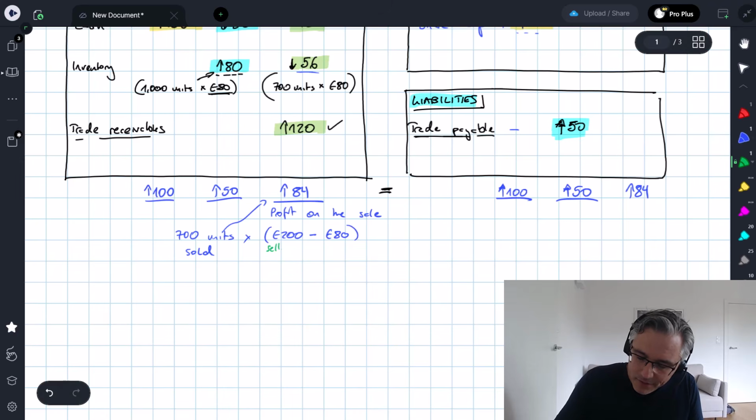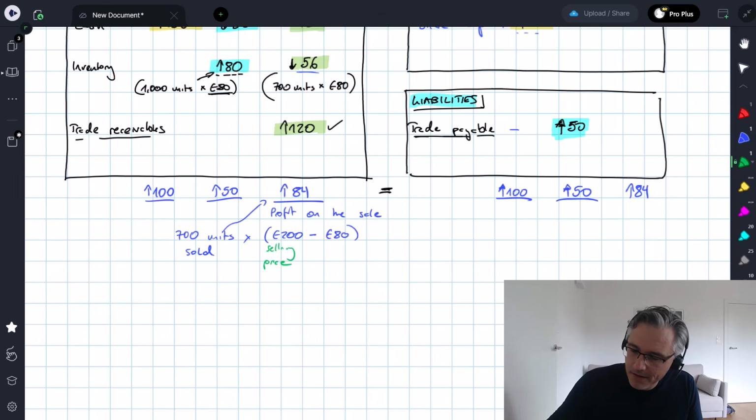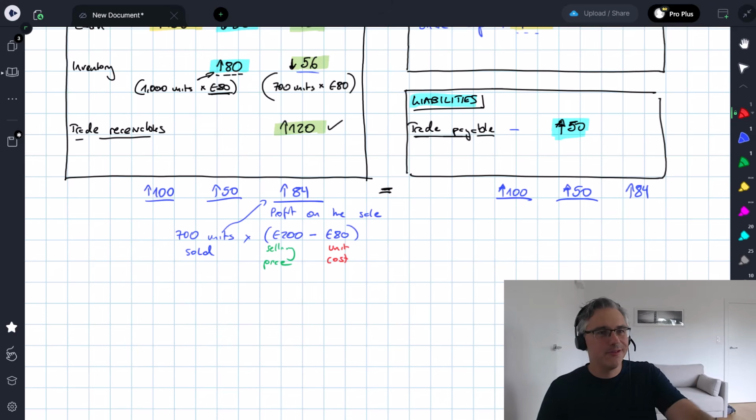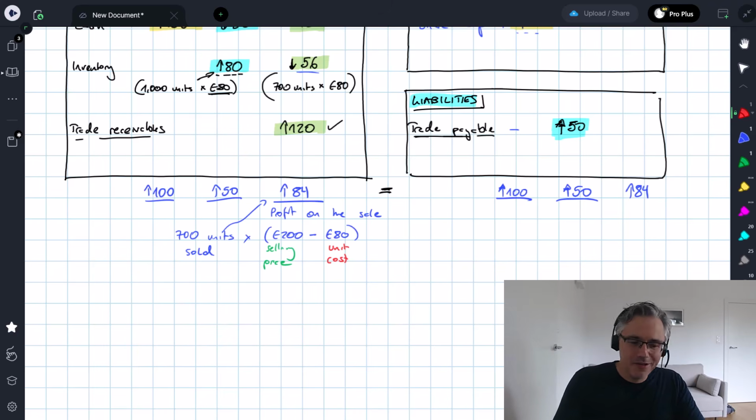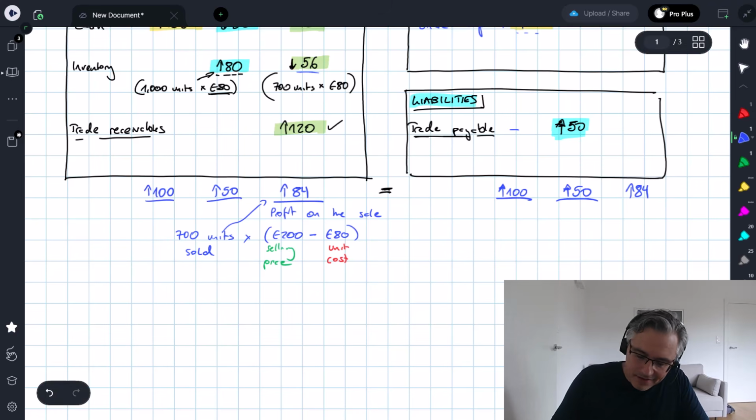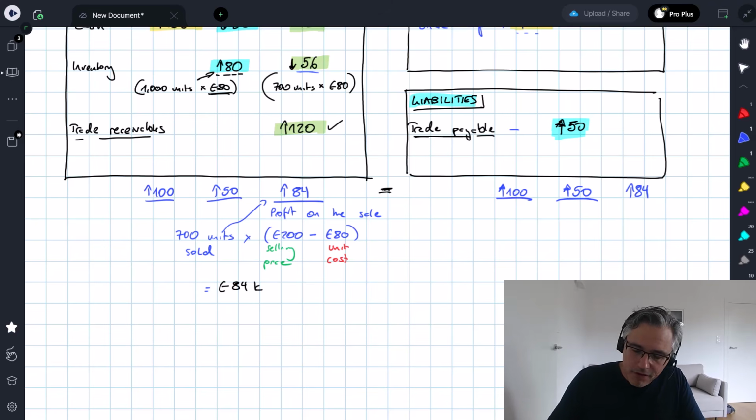So selling price minus unit cost. And when you take 700 and multiply by 120 euros, I'm going to take my phone here just to be sure that I'm not misleading you. 700 times 120, yes. And please, by all means, check it on your own calculators or phones. It gives 84,000 euros of profit on the sale.